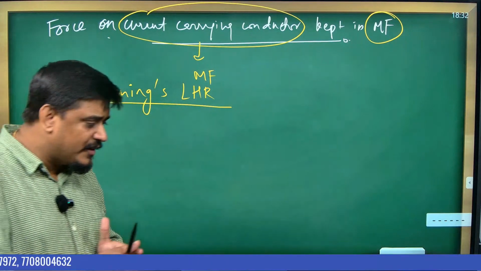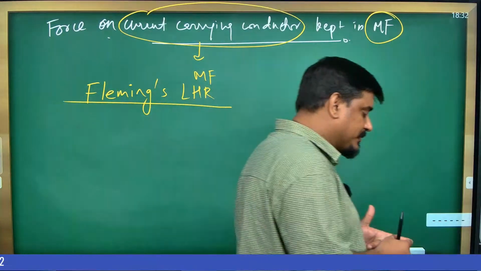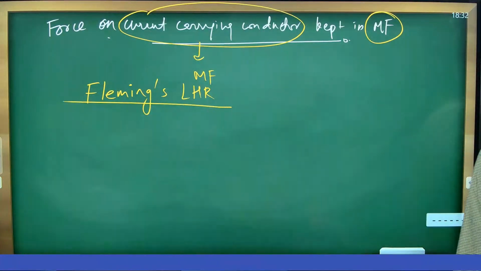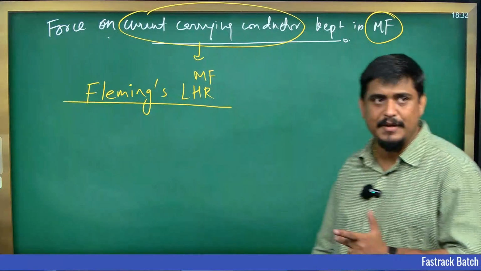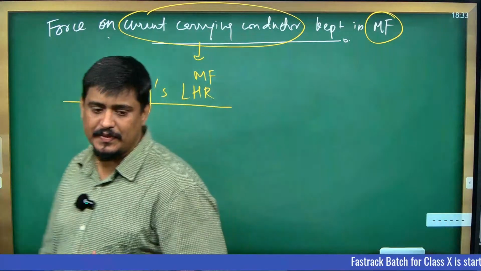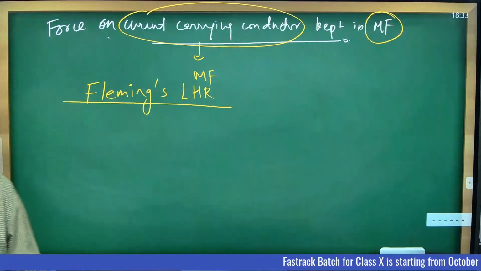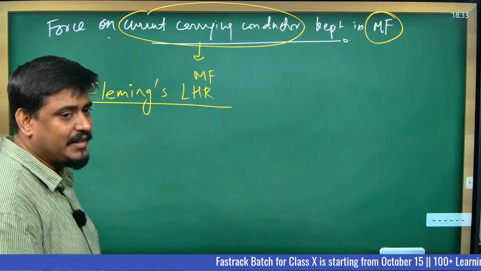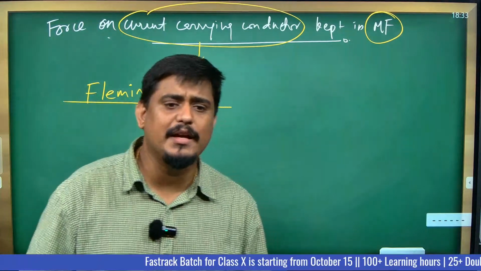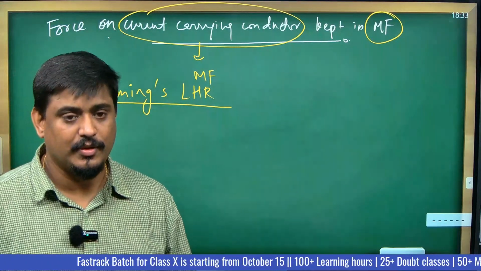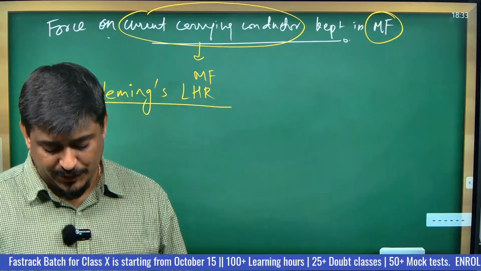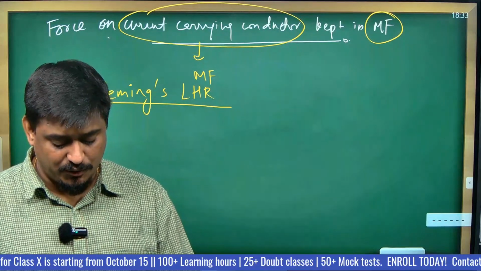The first finger gives the direction of magnetic field. Middle finger gives the direction of current.